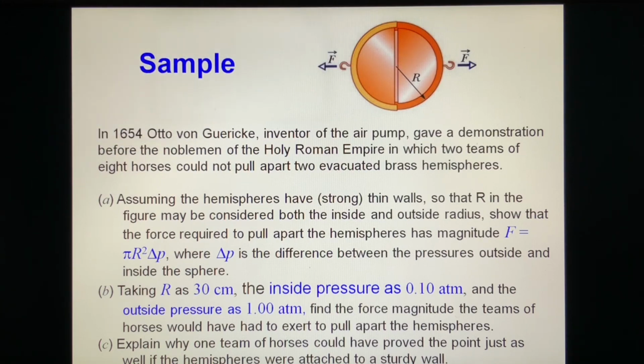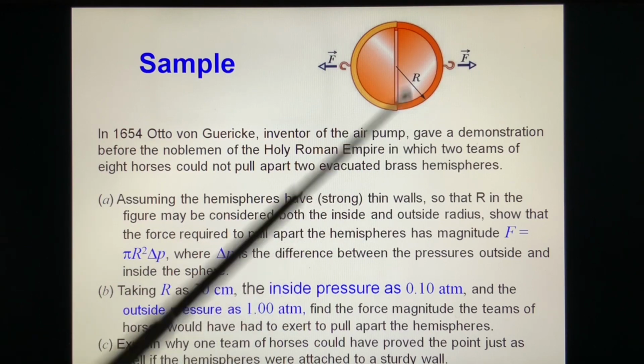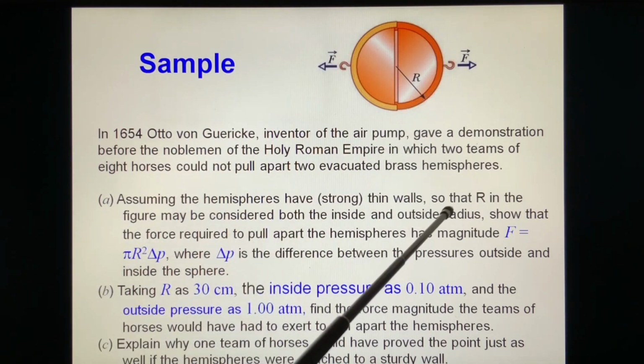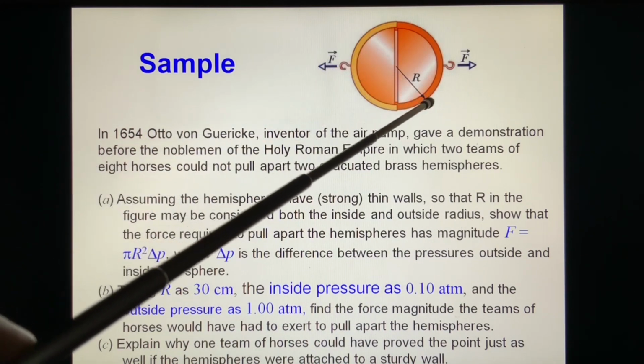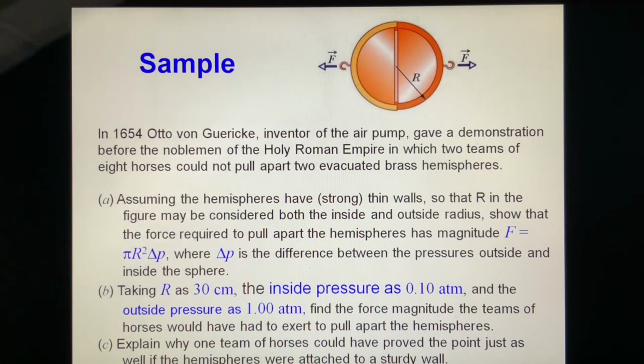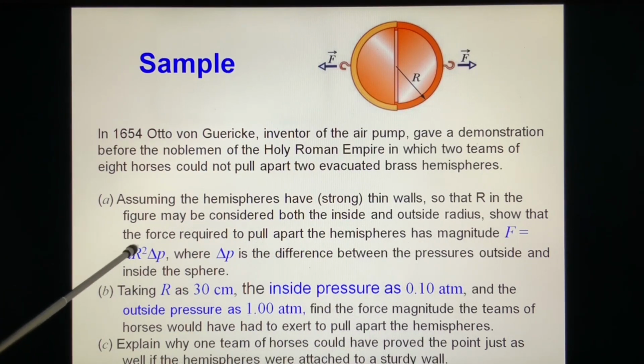Question A. Assuming the hemispheres have strong thin walls, so the R in the figure may be considered both the inside and outside radius. That's very thin. Show that the force required to pull apart the hemispheres has magnitude F equals pi r squared delta P, where delta P is the difference between the pressures outside and inside the sphere.